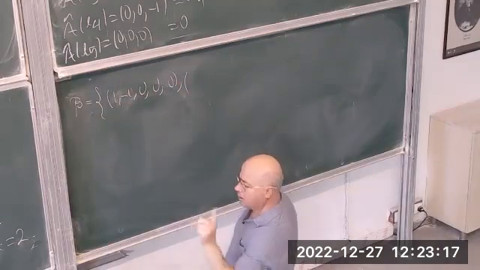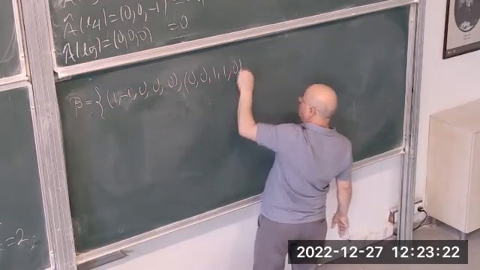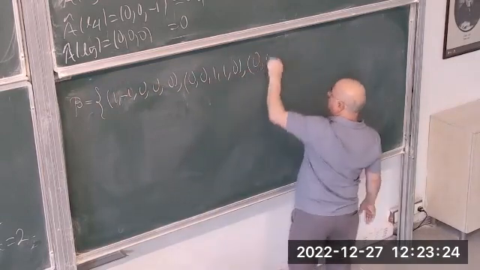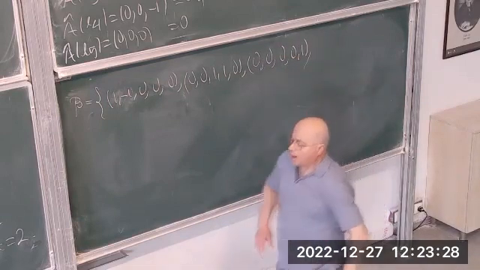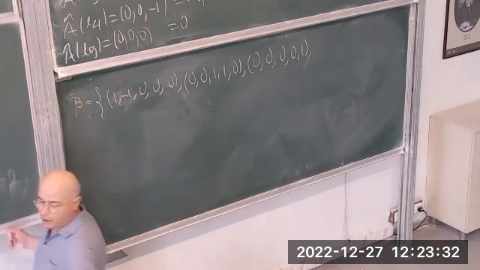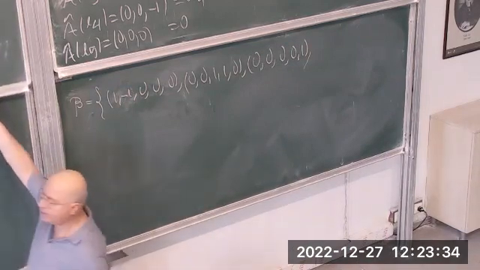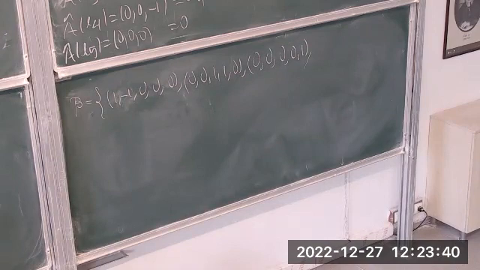And then 0, 0, 1, 1, 0, and 0, 0, 0, 0, 1. I need 2 more vectors. How can I find 2 more vectors? Well, those 2 more vectors are just actually the vectors you use to obtain a basis for the image. So I can just actually use these 2 vectors.